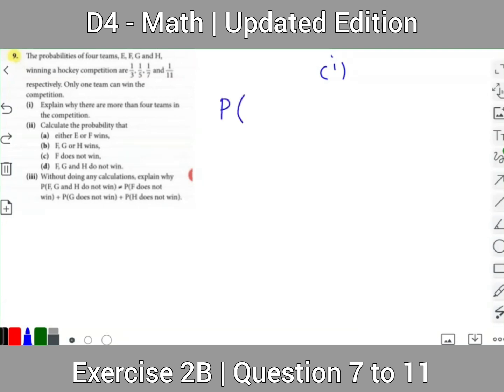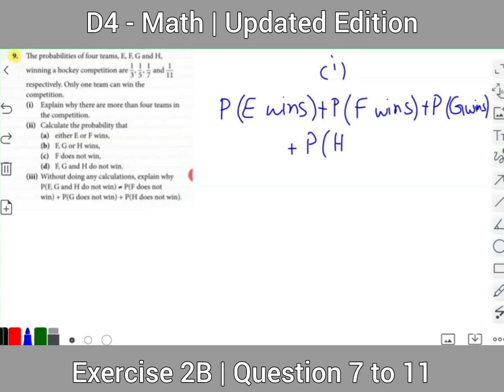So the probability of E wins, add the probability of F wins, add the probability of G wins, add the probability of H wins, and that is equal to 1 over 3 plus 1 over 5 plus 1 over 7 plus 1 over 11, respectively.